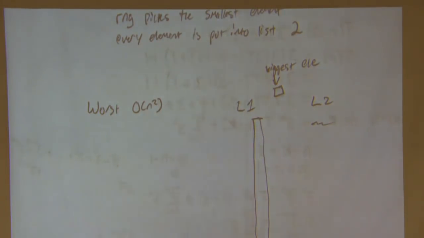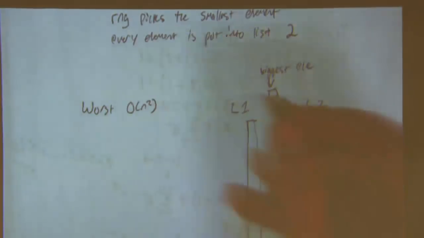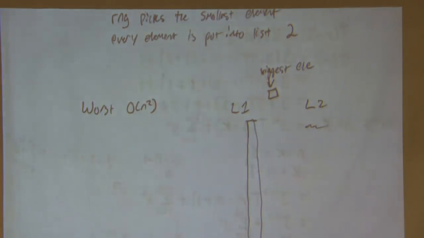And so the size of our list has gone from n to just n minus 1, right? And if we continue doing that over and over again, we'll have a list of size n, then a list of size n minus 1, n minus 2.